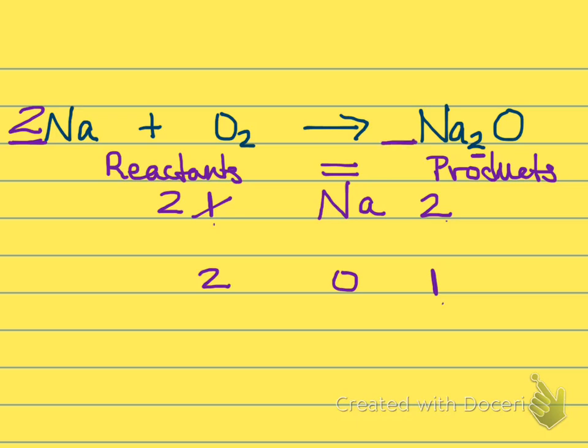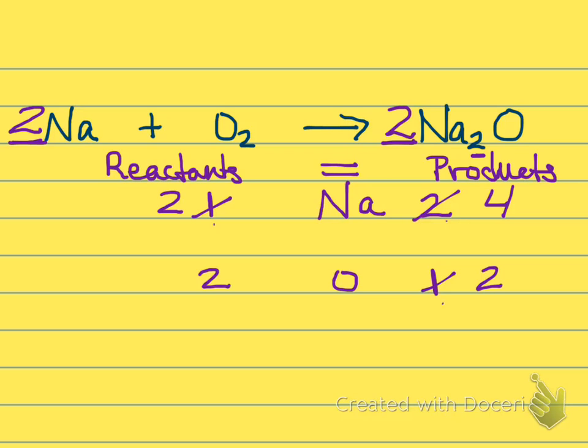So I need to put a 2 here. Now notice what that does. It gives me 2 oxygen, but how many sodium? It gives me 4 sodium. So all of a sudden my sodium aren't balanced.